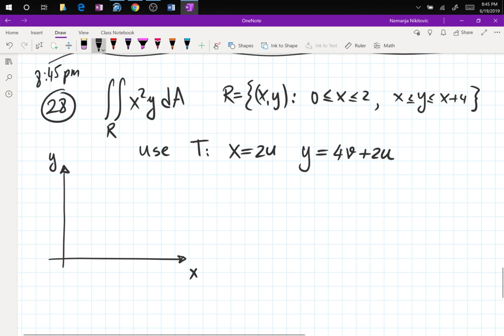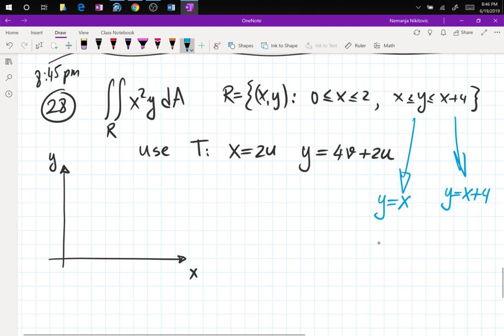So I have a region xy. My x is in between 0 and 2. Okay, that's fine. The y, this equation over here has two equations that I need to graph. One equation is y equals x, and the other equation is y equals x plus 4.